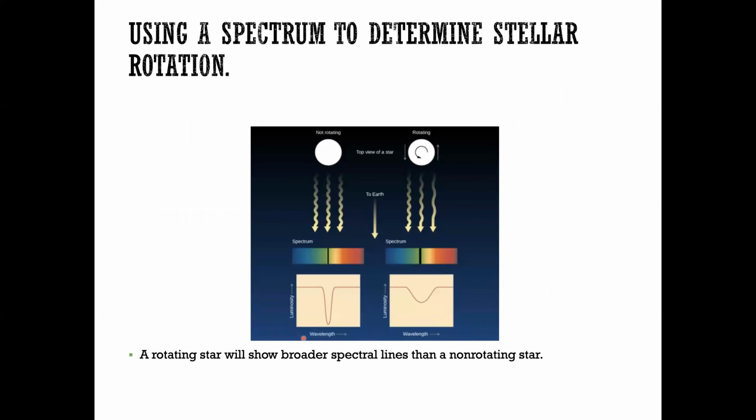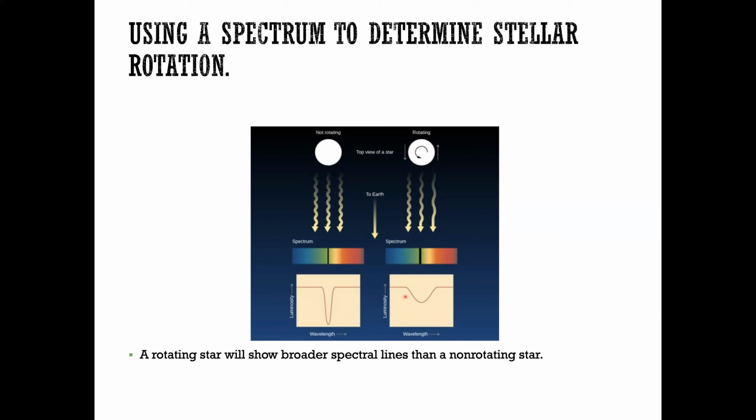Now, from a diagram, we can understand this very clearly. Here is a star that does not rotate, and it has a line right here in the spectrum, and that means that the intensity has dropped there. Now, when the star starts to rotate, this side goes away from us, this side comes towards us, and as a result of that, this particular line will become broader, right?